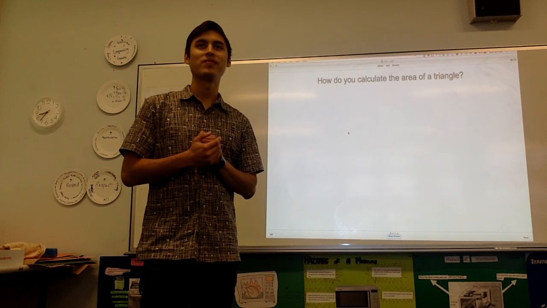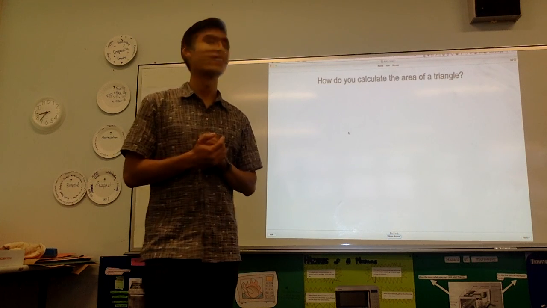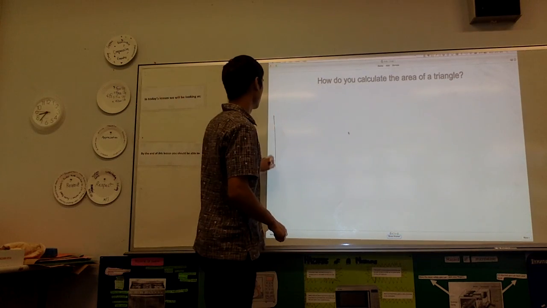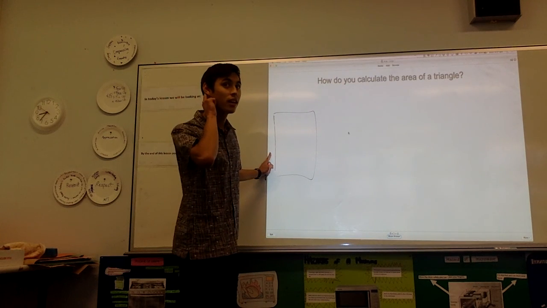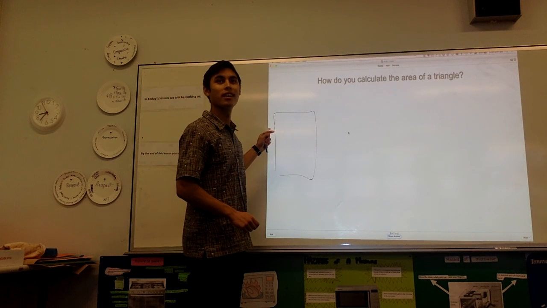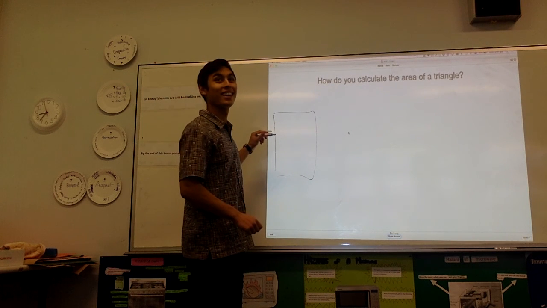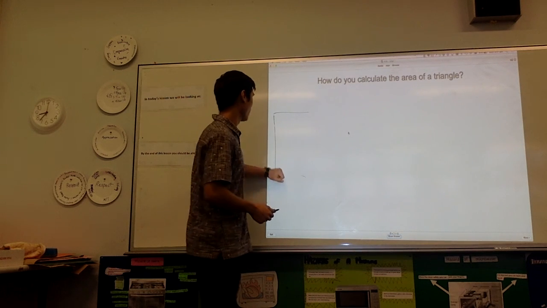I see some. Height times width? Uh-huh. So that's height times width? Times 0.5. Why? Because the triangle takes up half of the square.